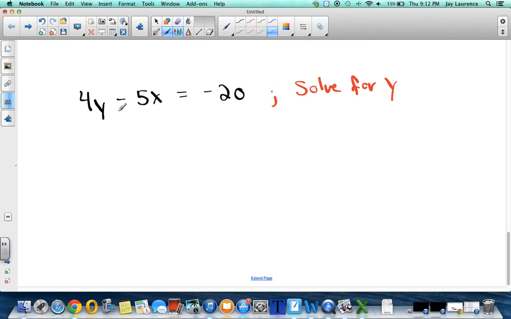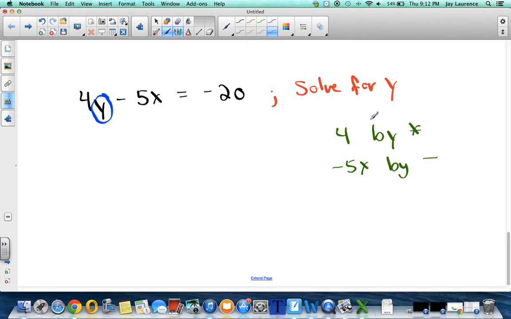Okay, so I go through my questions. What is my goal? To get the y alone. What numbers are keeping the y from being alone? Well, there's a 4, and it's attached to the y by multiplication, right? There's also a negative 5x, and it's attached by subtraction because it's a negative 5x, right?